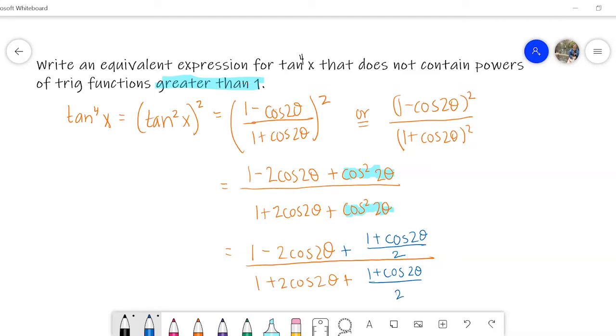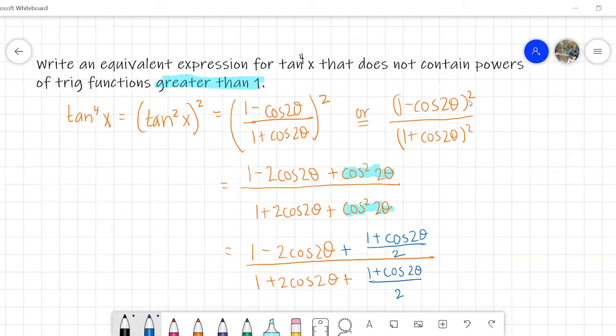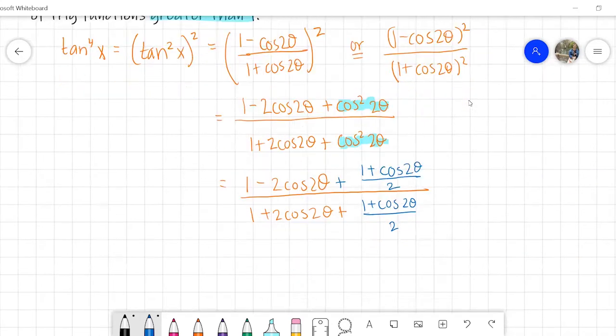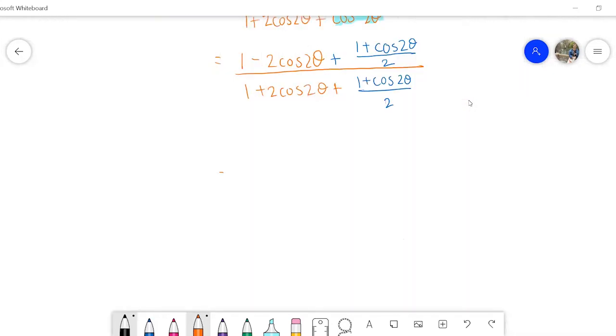From here, it's really just a simplification. So we want to clean this up as much as we can. I see we can give everyone in the top half of our fraction a denominator of 2. So that would be 2 minus 4 cosine 2 theta plus 1 plus cosine 2 theta all over 2.